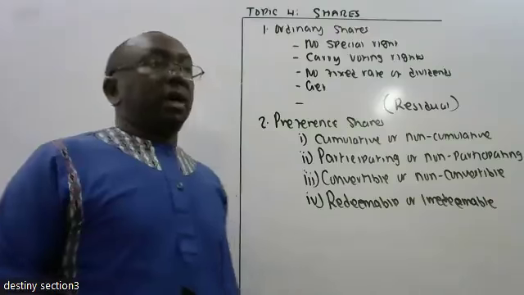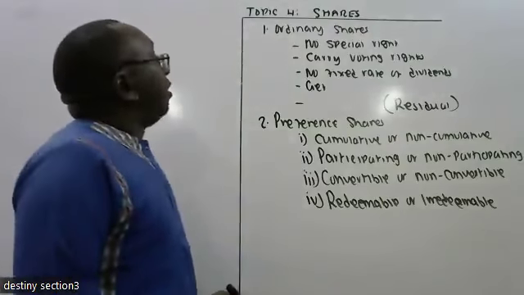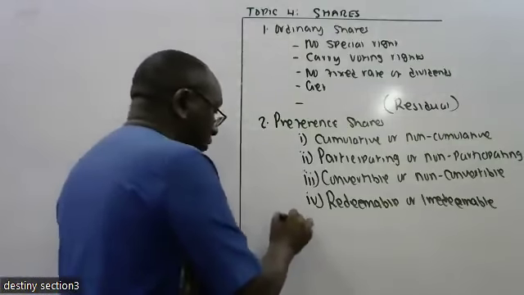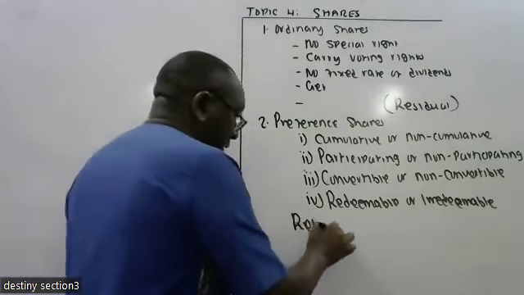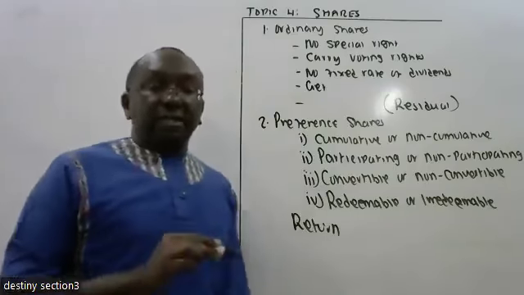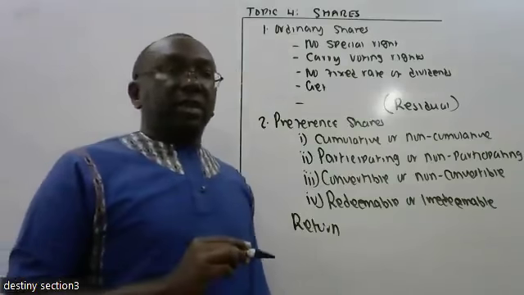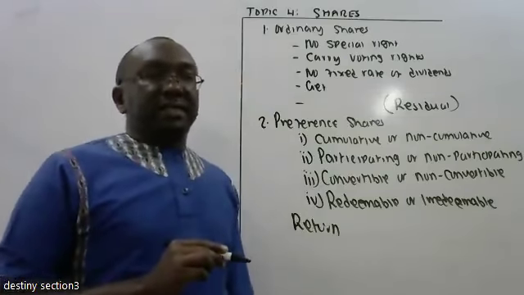So what you're saying is, obviously, anyone who invests in a company hopes to get something called what? A return. Now the return that gets to the shareholders is usually called dividends.